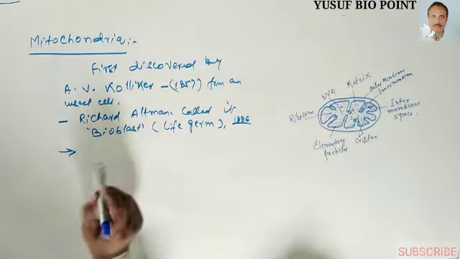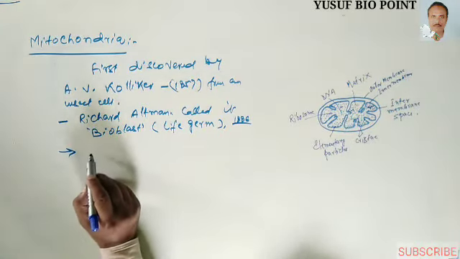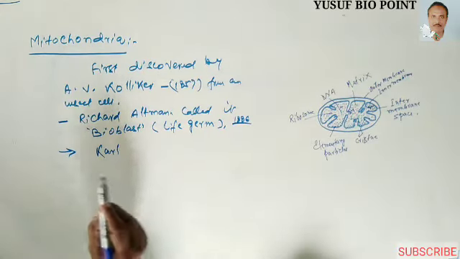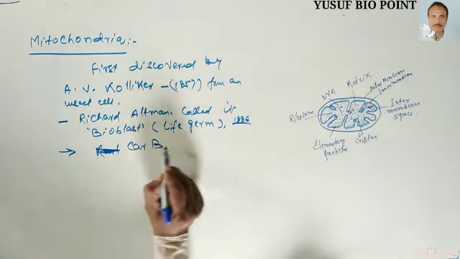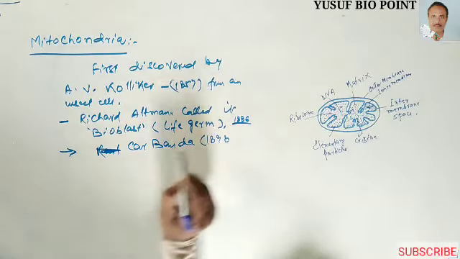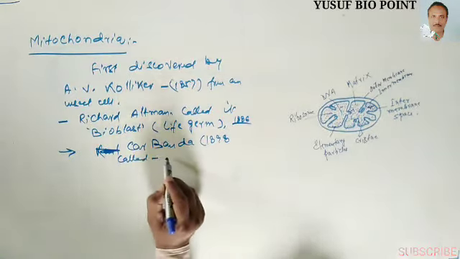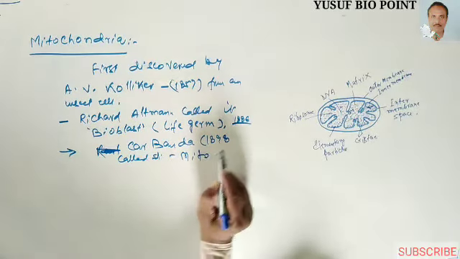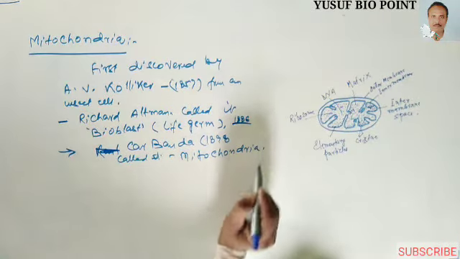Now after 12 years, another scientist named Carl Benda in 1898 called it mitochondria.